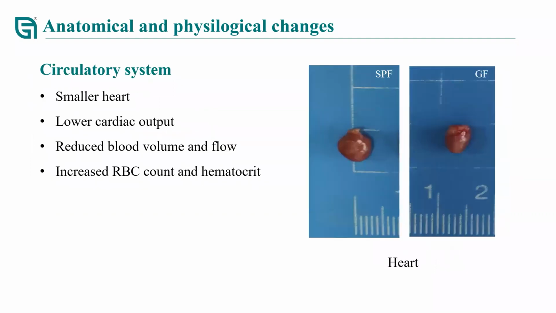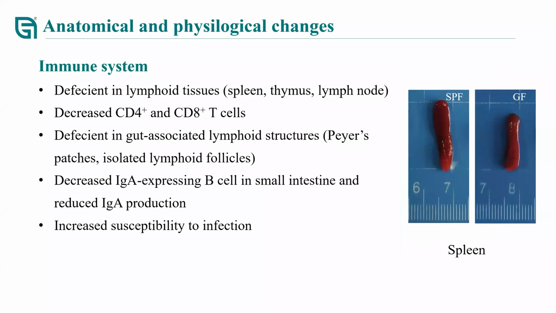So for the circulatory system, germ-free mice have a smaller heart, lower cardiac output, reduced blood volume, and increased RBC count and hematocrit. In addition, the immune system between germ-free and SPF mice is also different. Specifically, germ-free mice are deficient in lymphoid tissues, including spleen, thymus, and lymph nodes, leading to decreased CD4 plus and CD8 T cells.